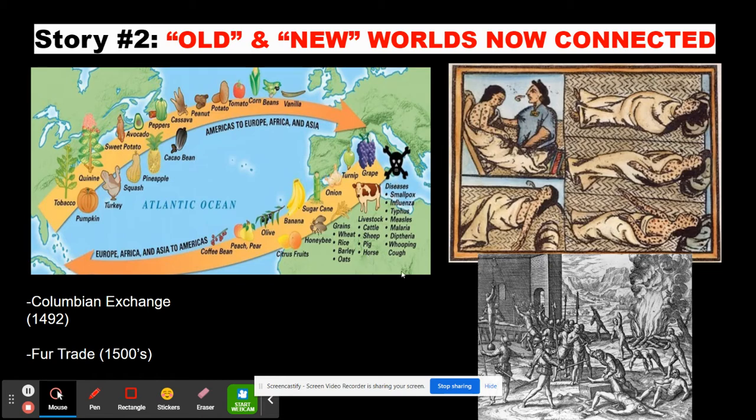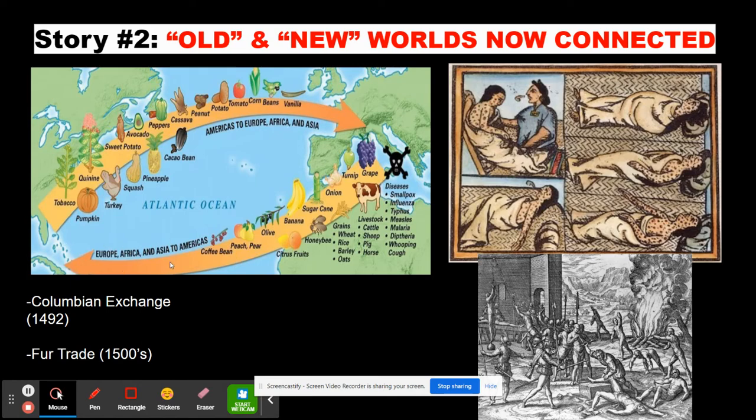And of course, diseases came from Europe to the Americas. Additionally, one of the diseases that is going to impact the natives significantly is going to be smallpox. Again, keep in mind that a lot of these native civilizations have no immunity to these European diseases.